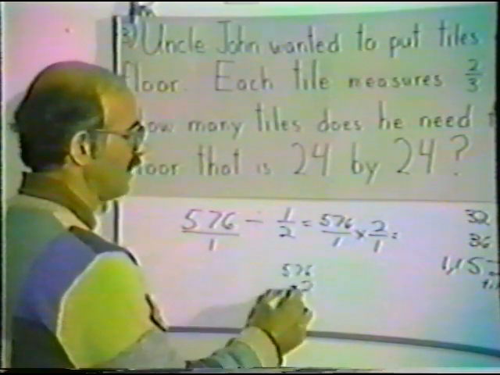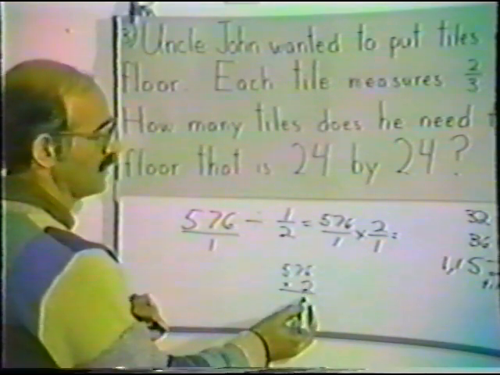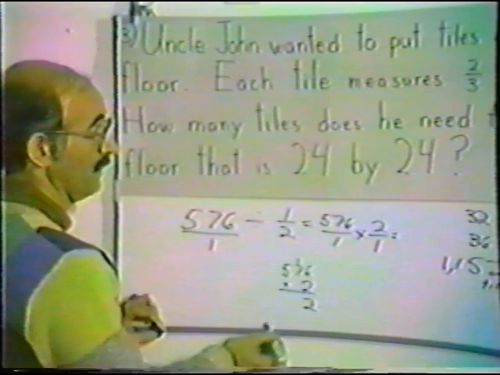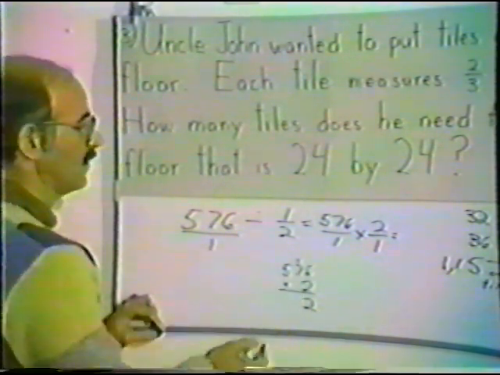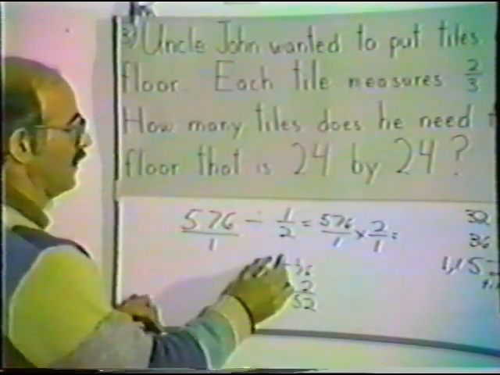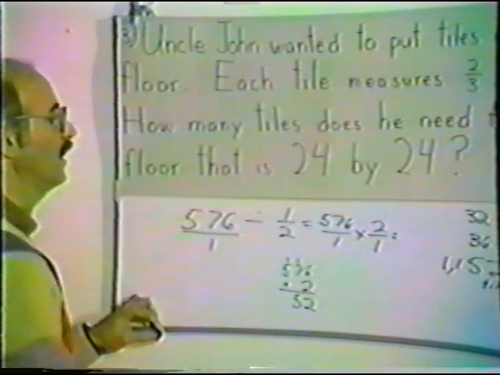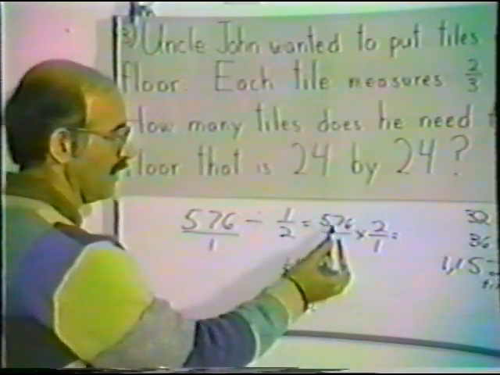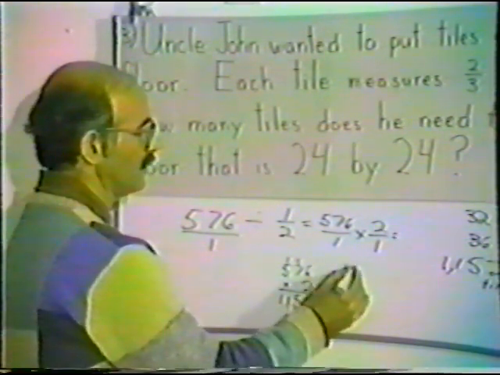576 times 2. 6 times 2 is 12. Put down the 2, carry the 1. 7 times 2 is 14. Plus the 1 is 15. Carry the 1. 5 times 2 is 10. Plus 1 is 11. We multiply across the top, and we got 1152.